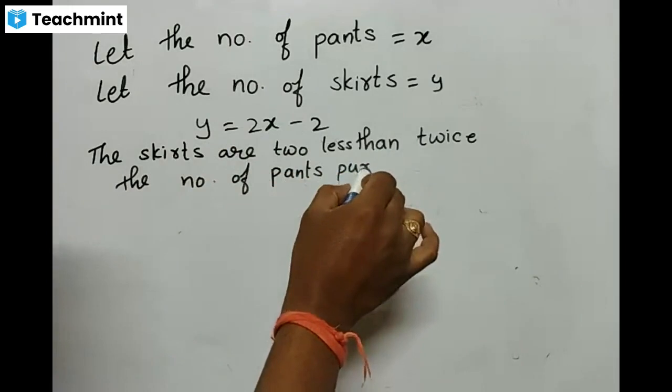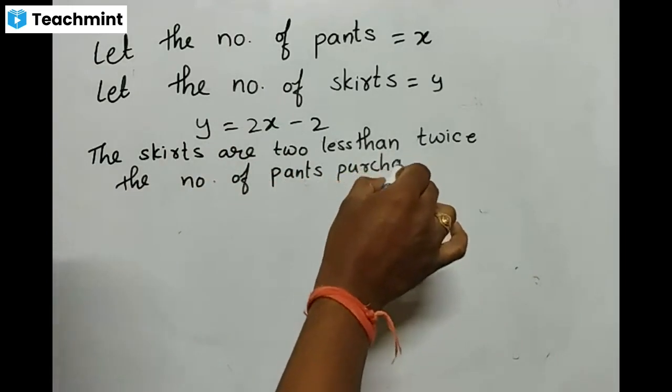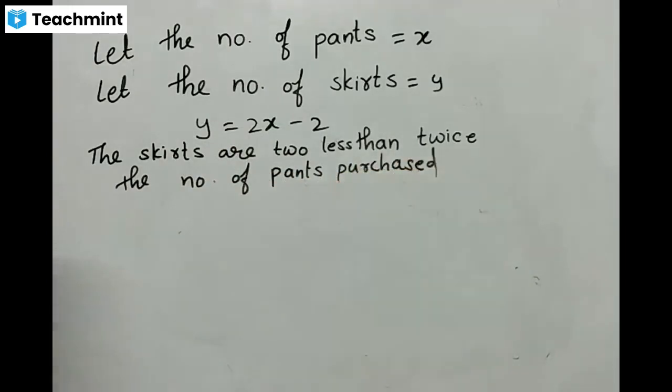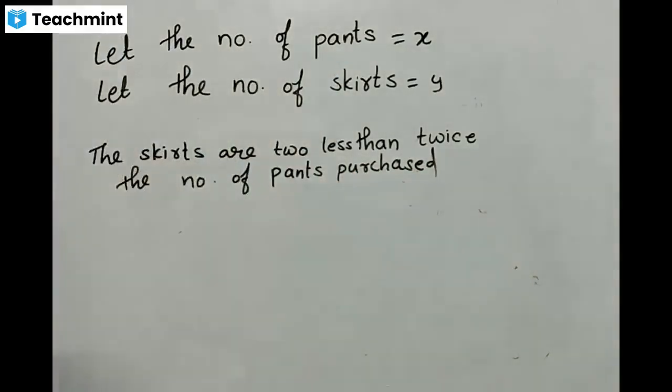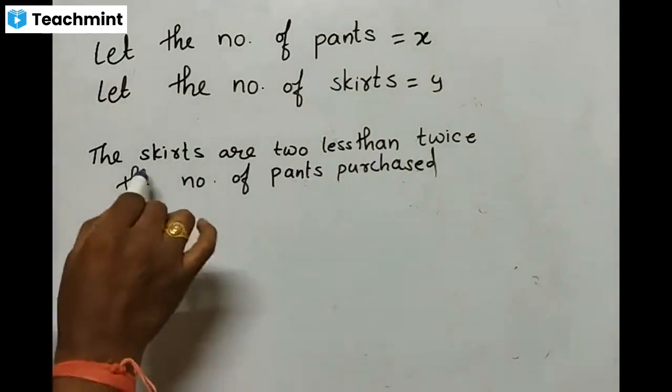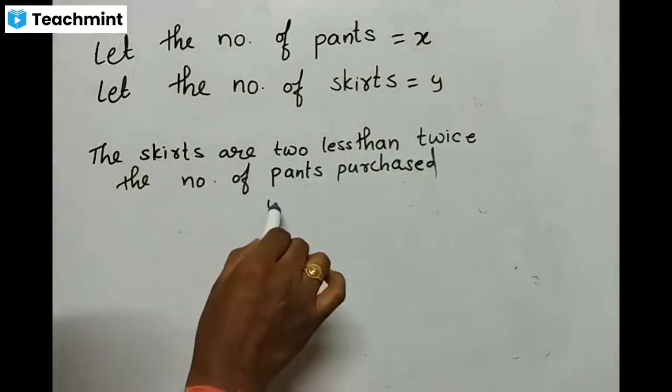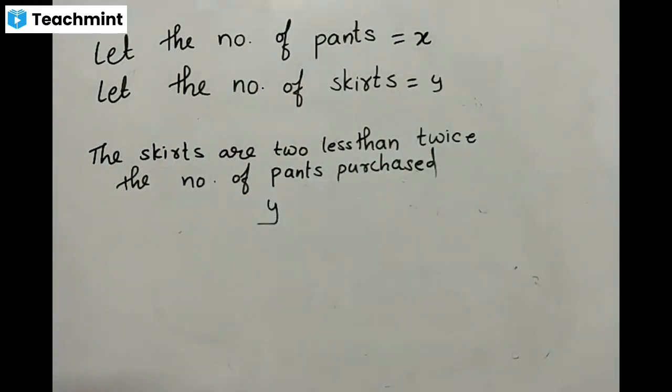Up to here clear now? So, sir, this is y, the first condition equals 2x minus 2. Skirts means what? Y only, na? Yes, sir.